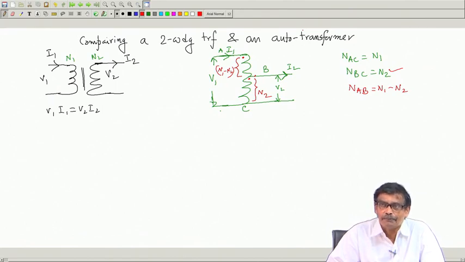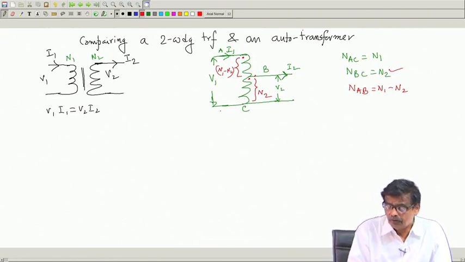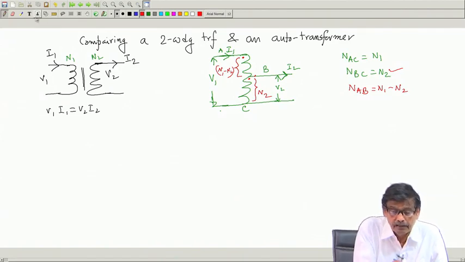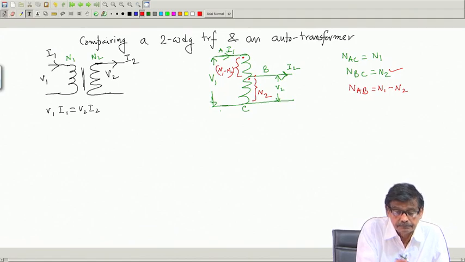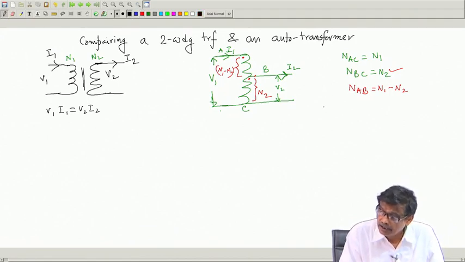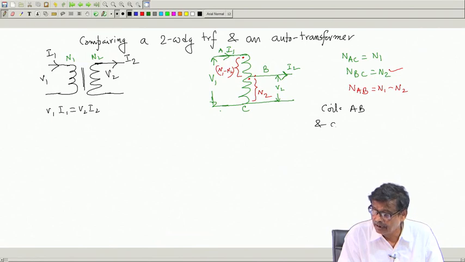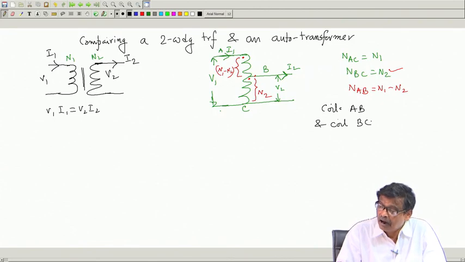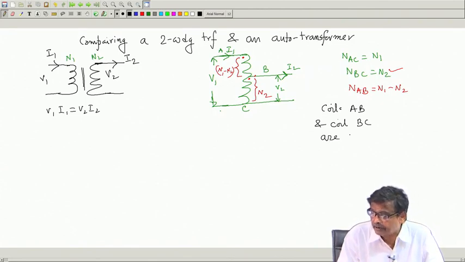This causes a problem. Initially, what to do then? The first thing is I say that coil AB and coil BC are two separate coils, totally separate.